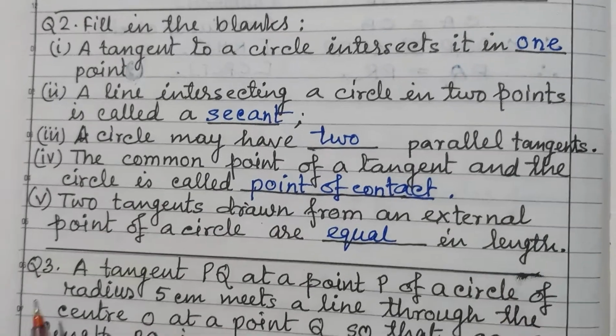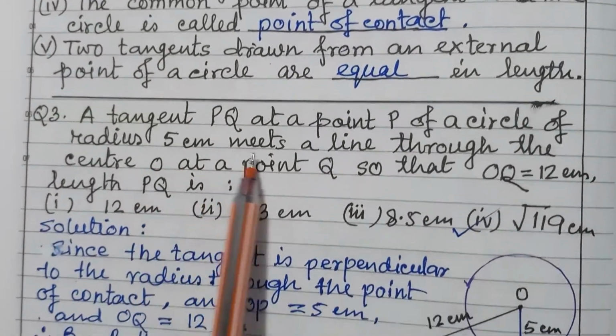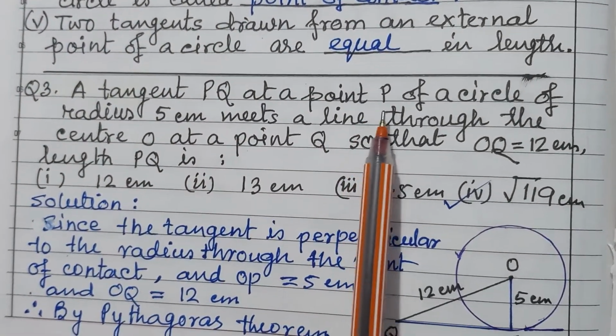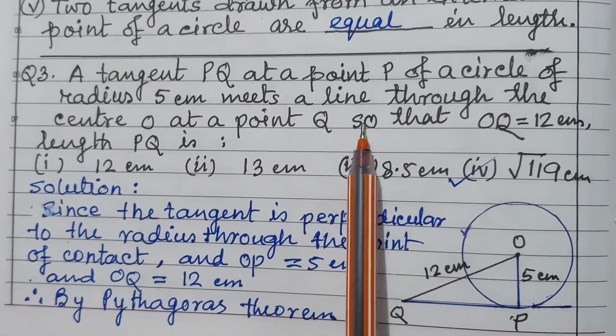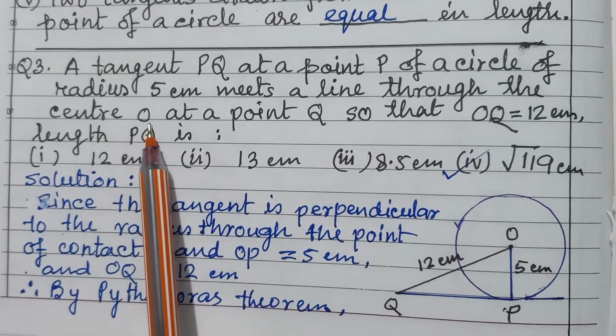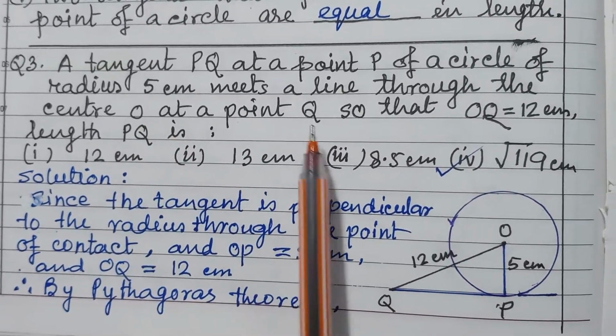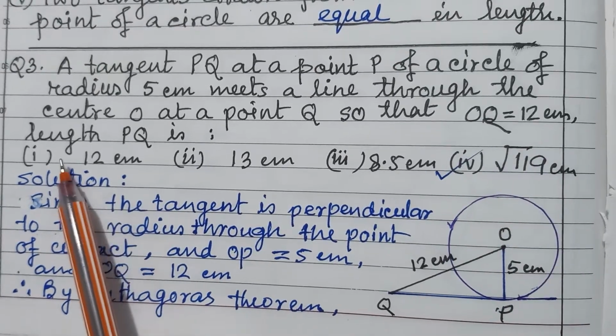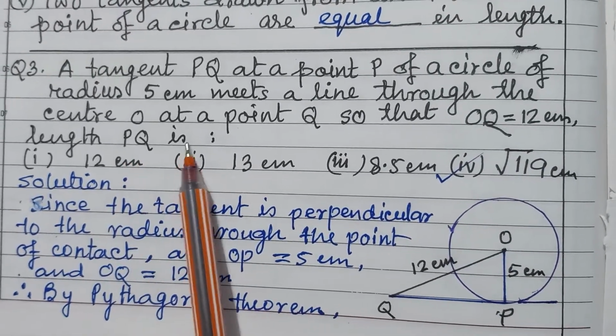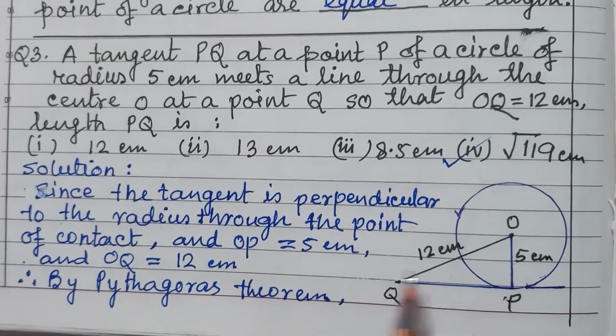Got it? Question number 3. A tangent PQ at a point P of a circle of radius 5 cm meets a line through the center O at a point Q so that OQ is equal to 12 cm. PQ is? Now check.